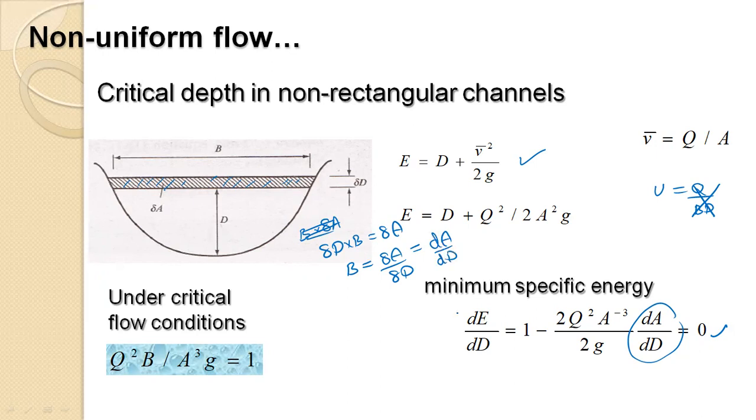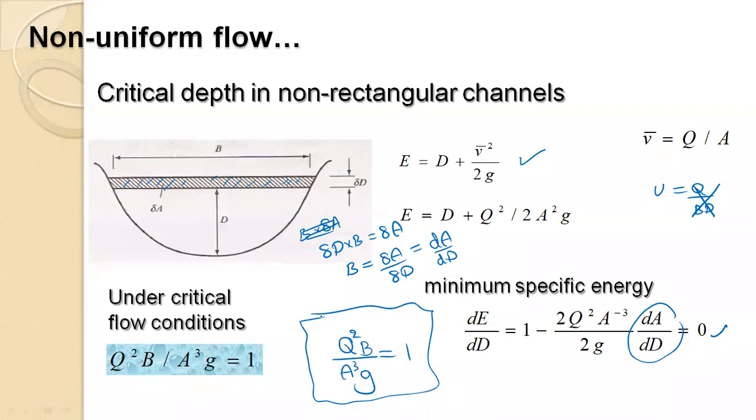So when you substitute that here under critical conditions, for the minimum specific energy, that means the critical flow conditions, q squared B divided by A cubed g should be equal to 1 for a non-rectangular section. So you can directly use this for a trapezoidal section or triangular section if you want, rather than starting from the first principles.